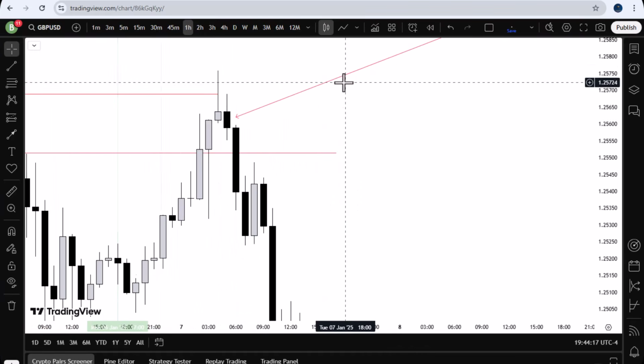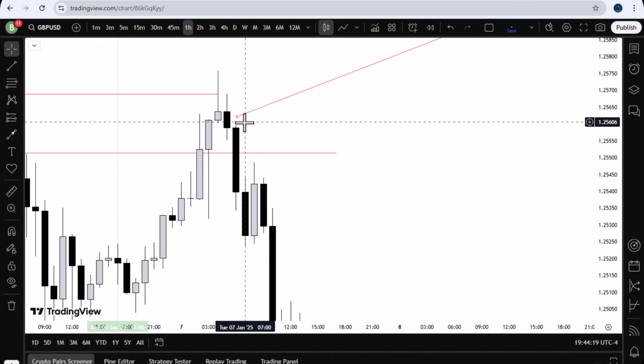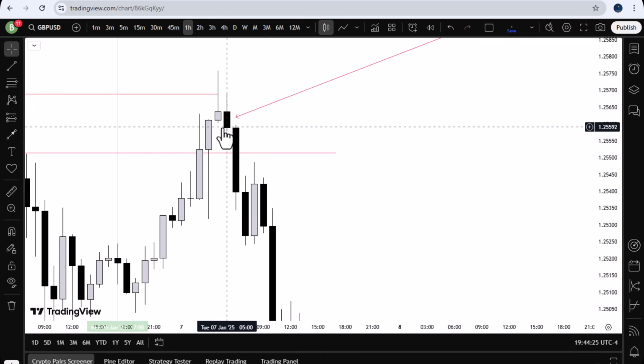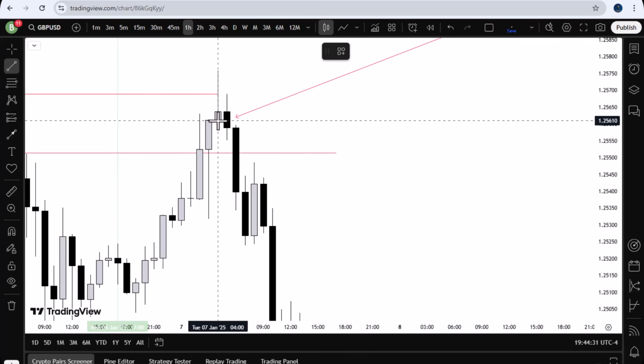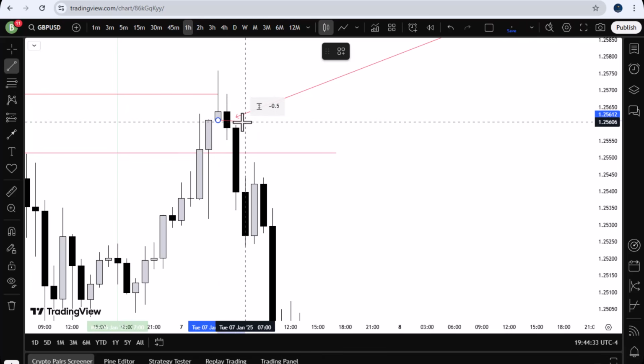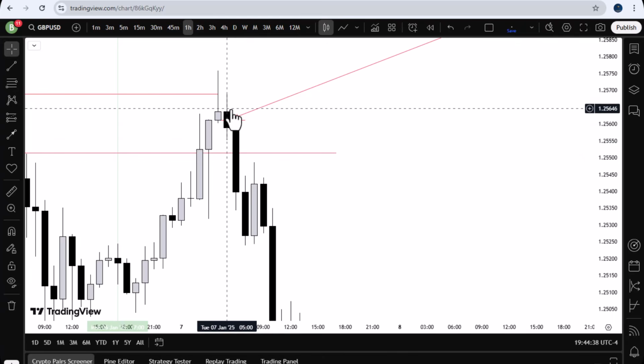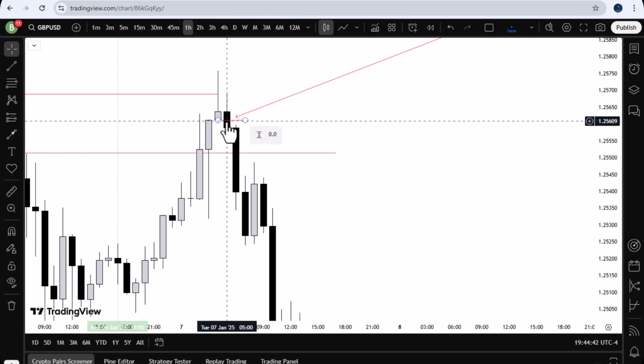Now what happens? Engulfing candle forms. You see it and wait. So once this candle closes like this, closes below the open price of the bullish candle, which is here, and you wait for it to close. Once it happens, open your position.